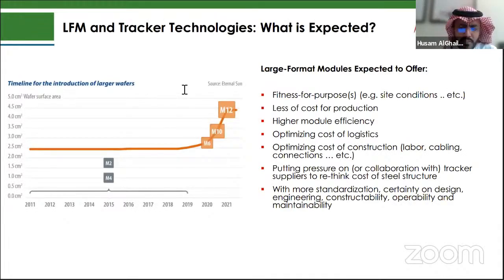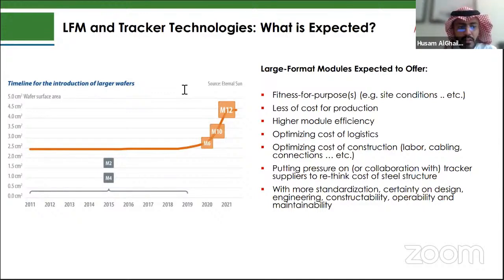Now, when it comes to the large modules and trackers, they are no different. There are a set of expectations, let me put it this way, of what we expect from providers of large modules and tracker technologies. Definitely fitness for purpose, and that requires a lot of work in understanding the new projects and the site specifics.